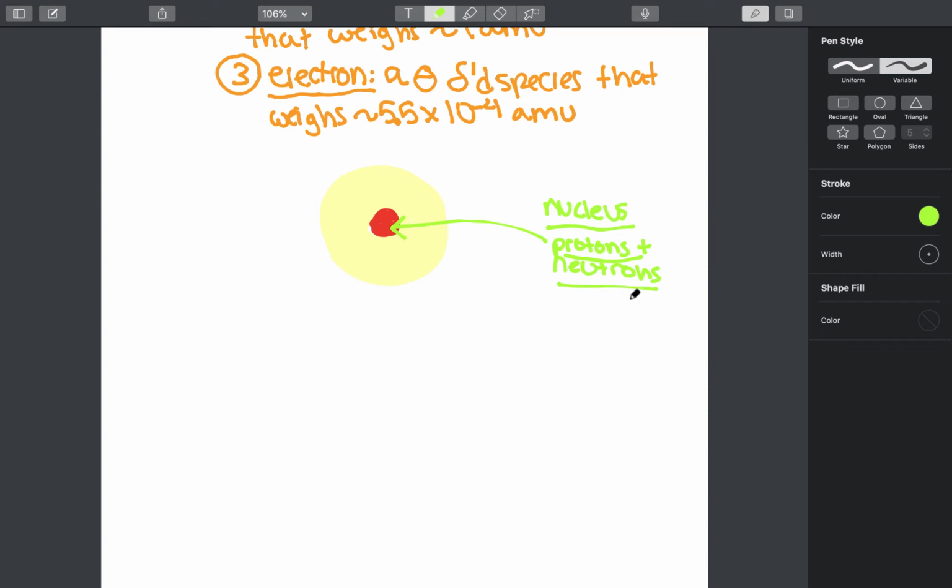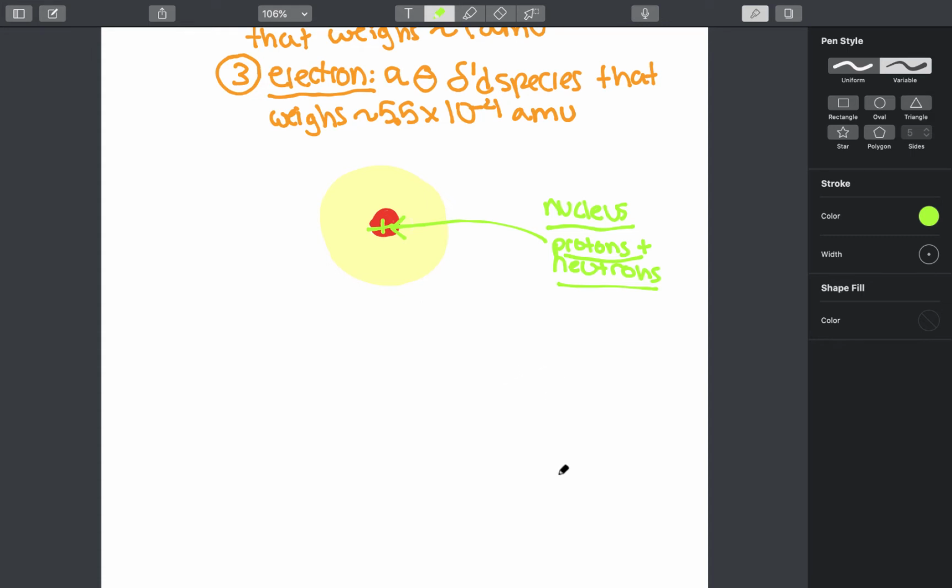So what do you think the overall charge is on the nucleus? The answer is it has a positive charge. And the reason why is because the protons have a positive charge, the neutrons have a neutral charge. Therefore, the nucleus has a net positive charge.